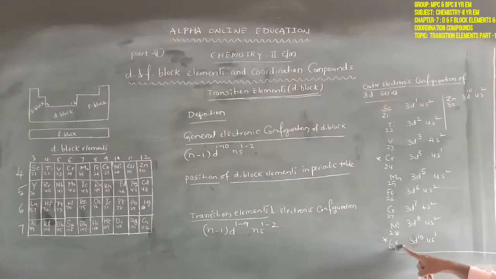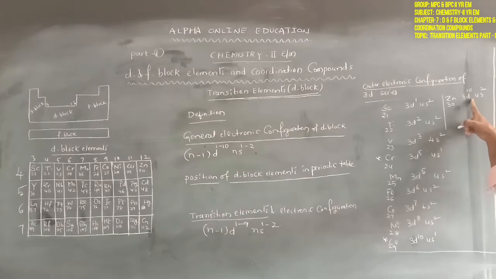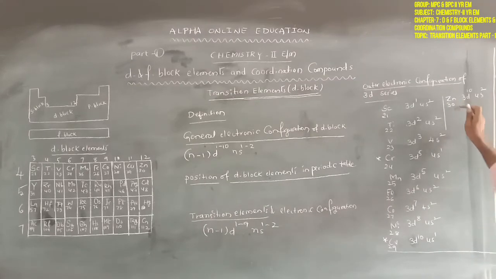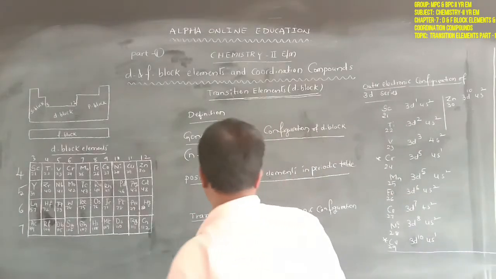Due to this reason copper is a transition element, whereas zinc, in atomic condition as well as in its common oxidation state +2, has 3d10 configuration. That's why zinc, in atomic condition as well as in ionic condition, is not considered a transition element. So this is about transition elements.